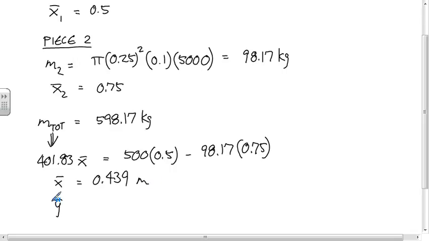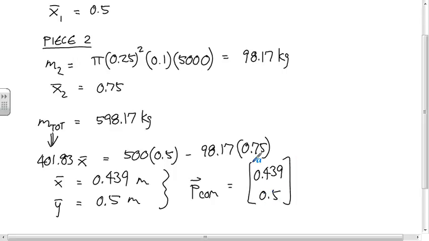The y centroid from symmetry was equal to 0.5. And so the position of the center of mass is (0.439, 0.5). Any questions about that?